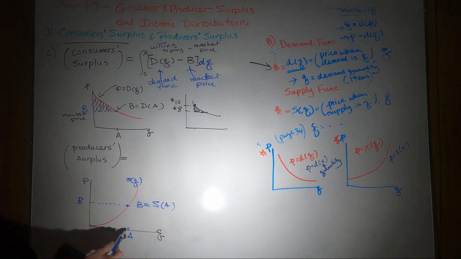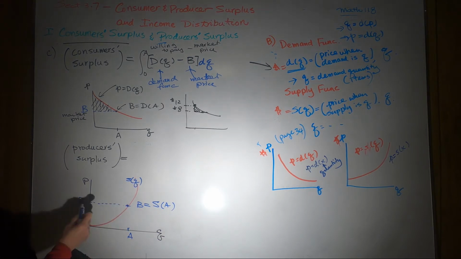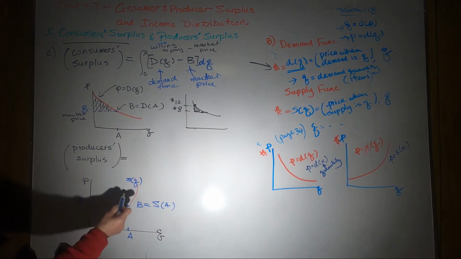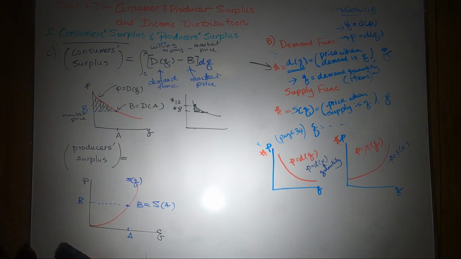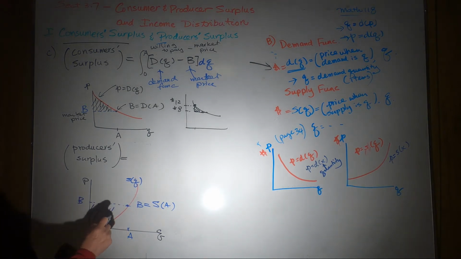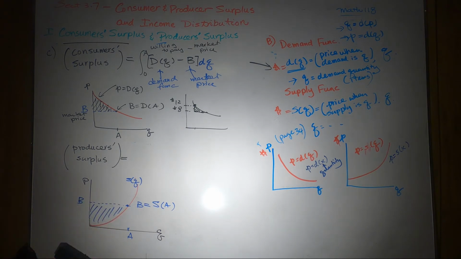Then if they supply so many quantity, and this market price is higher than they are willing to sell, then that's the accumulative portion, which will be this portion.